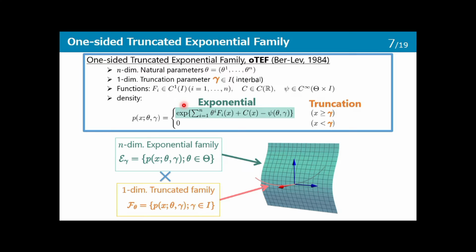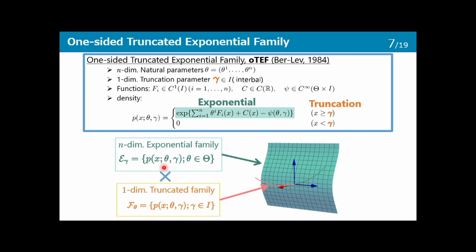Then I'll give a geometric view of this model, OTF. OTF is an n plus 1 dimensional manifold with coordinates theta and gamma. Now, when the truncation parameter gamma is fixed, we obtain an n-dimensional exponential family, written as E gamma.